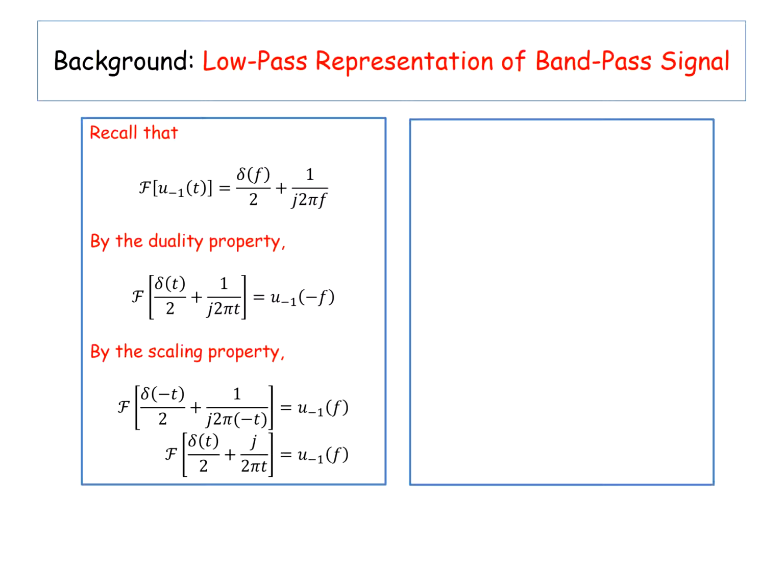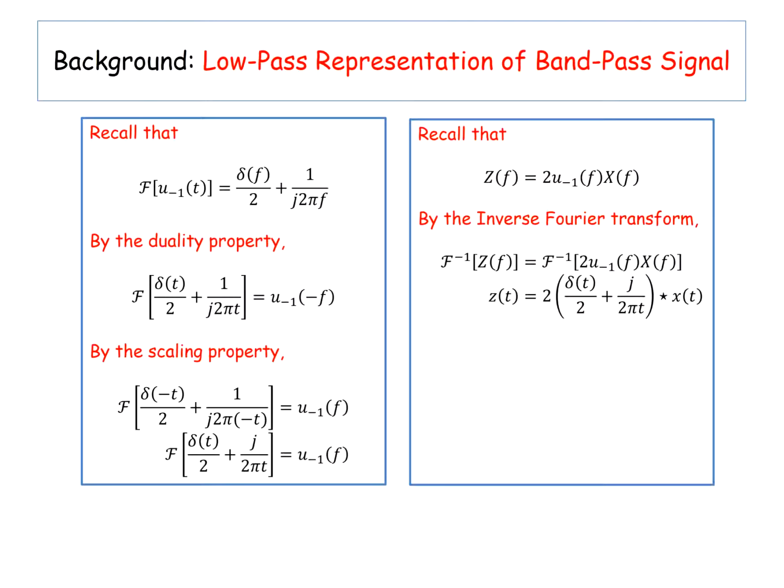Now remember the function Z of f we have given in one of the previous slides. Through the inverse Fourier transform, the time domain function z of t is developed. By arranging the expression, z of t can be written in terms of x of t and x cap of t.